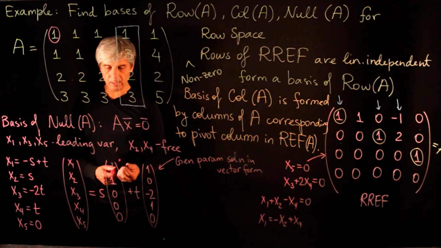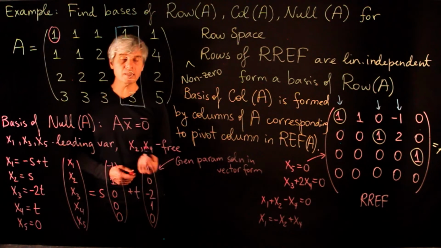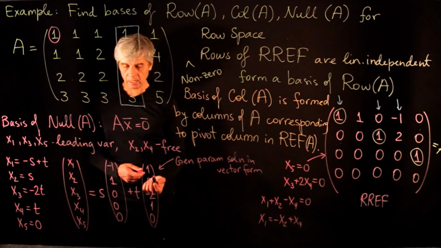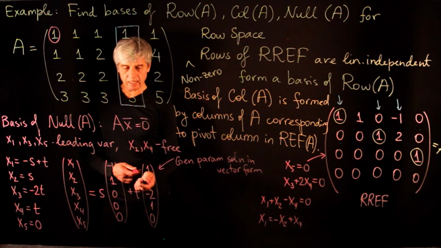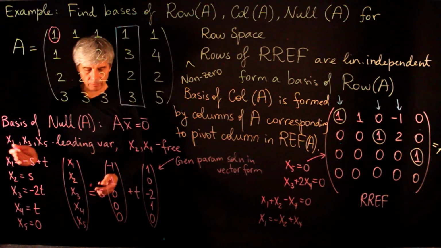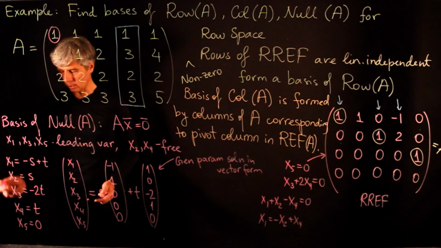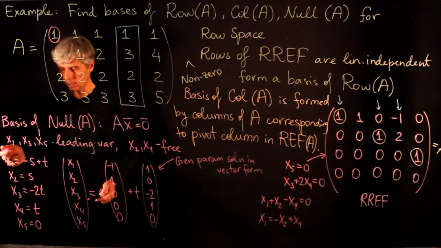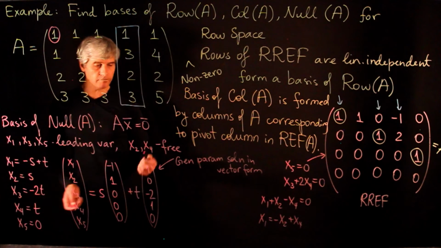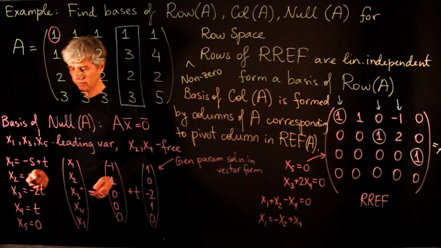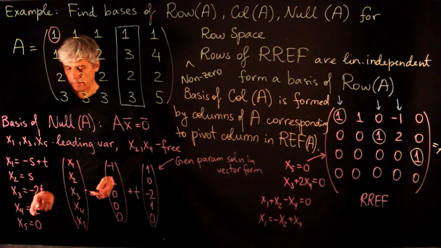But we claim that these two vectors are linearly independent. How can we see this? The components of this linear combination are given here, right? These are the components of this linear combination on the right. And if we look at the free variables, the free variables correspond to our parameters.